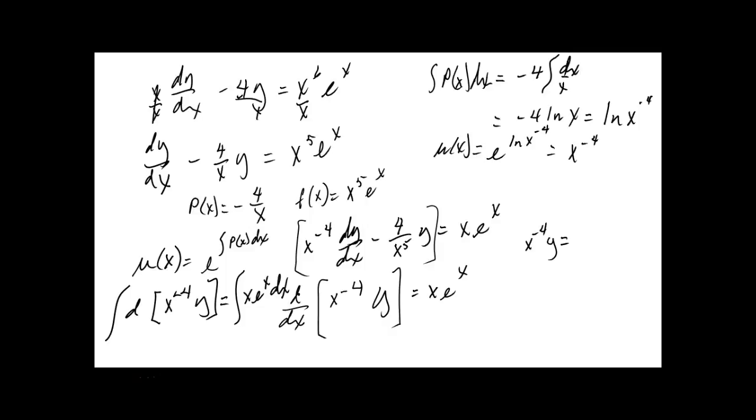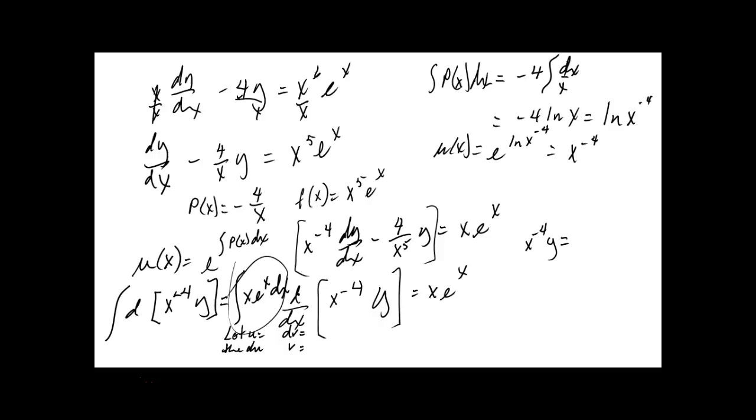How do we integrate something that looks like this? It requires one of those techniques we learned in Cal 2, techniques of integration. By parts, exactly. And which would you let be what? Let u equal something, and dv equals something, and then du, and then v.